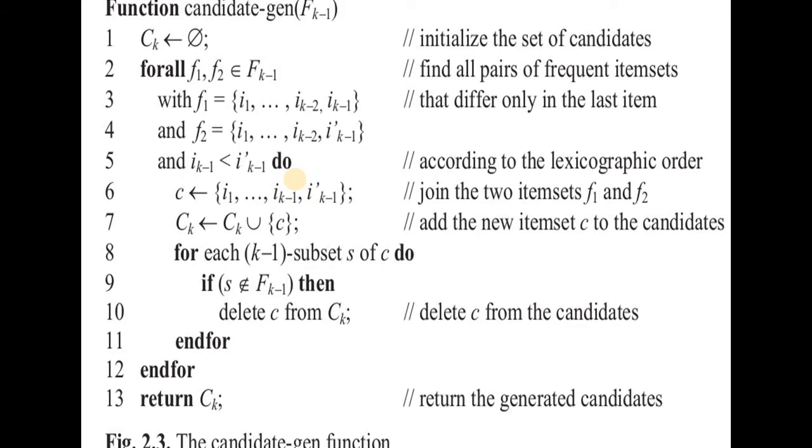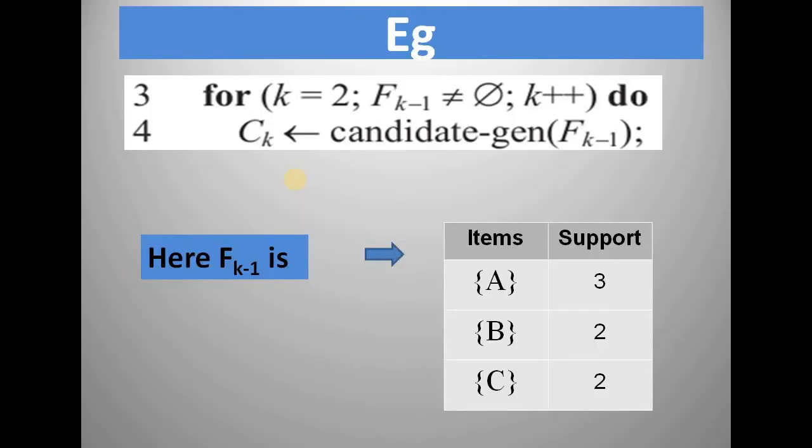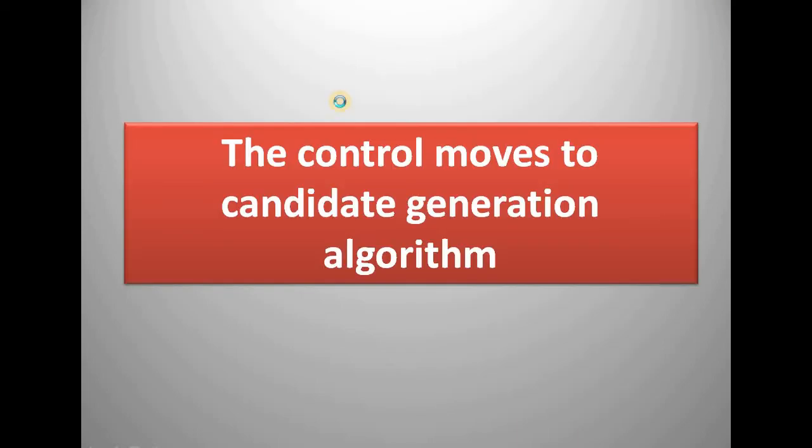Now C equal to null, K equal to 2, hence C2 is equal to null. Obviously it is clear, I hope, because in the previous step I said K equal to 2. In line 3 we initiated the value of K equal to 2, so that has been shown here.